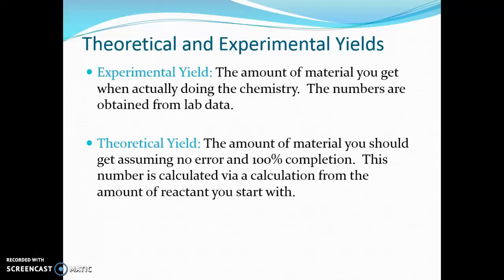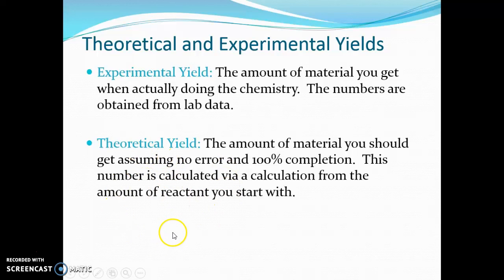Theoretical yield is always based on a calculation, oftentimes a mole problem. How much should you have made, assuming no errors and the reaction goes to 100% completion? That's a lot of assumptions. So usually your experimental yield is never as high as your theoretical yield because that's assuming you've done everything perfect.